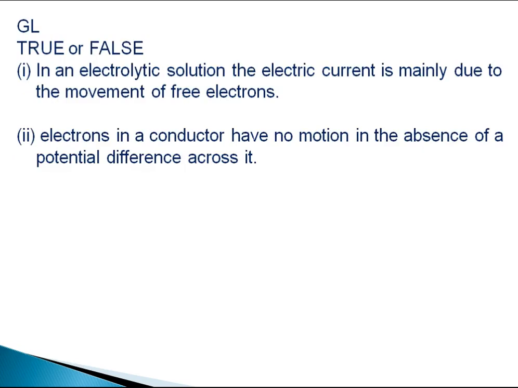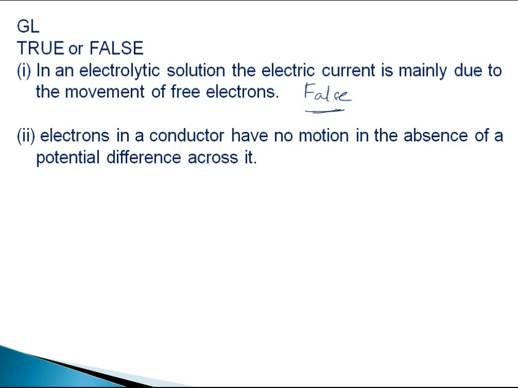Okay. Now I am asking one more question. You have to tell me true or false. First question. In an electrolytic solution, the electric current is mainly due to the movement of free electrons. You will say it is false. Why false?